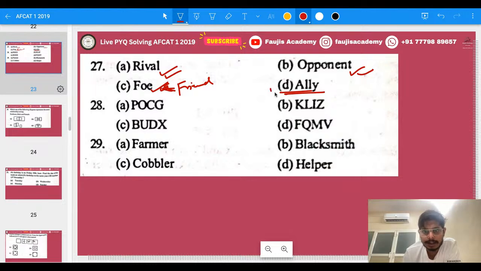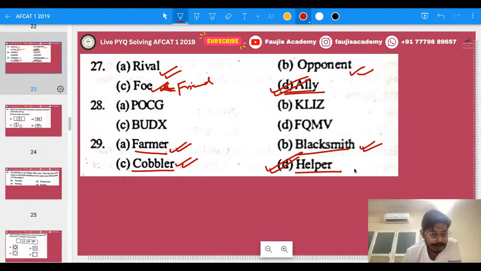This is the opposite. 29th: farmer, blacksmith, cobbler, and helper. These three are proper works, proper jobs. Helper is more like an assistant. So 29D. How about 28?